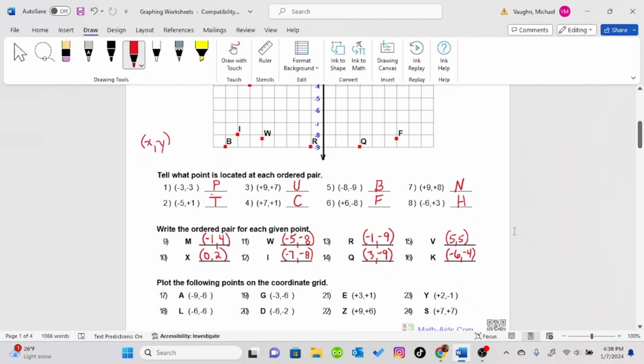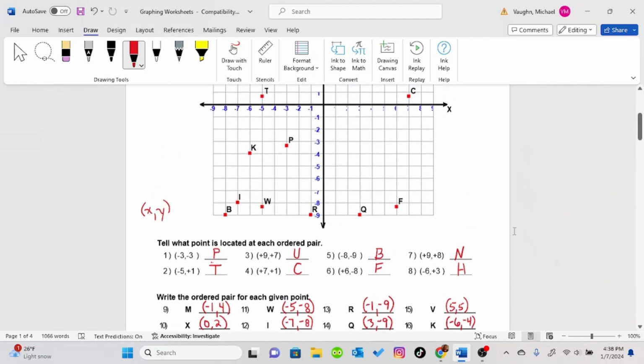And now they want us to take these point coordinates and graph the points on the coordinate plane. So A is going to be at negative 9, negative 6. So we go over to negative 9 and down to negative 6.